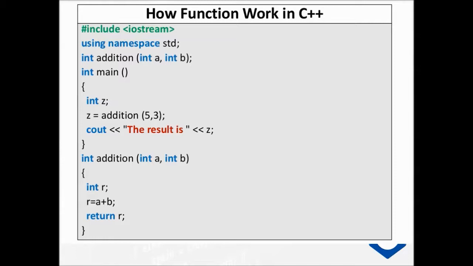This function adds 5 and 3 and stores the result into z. Then we use cout to display the sum of 5 and 3. So our int main program is completed.